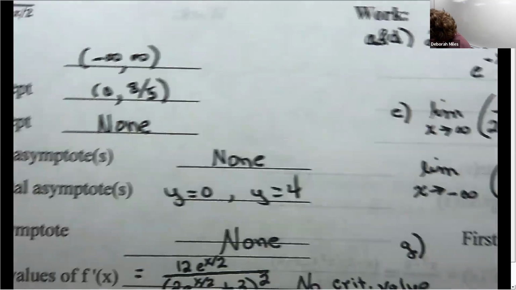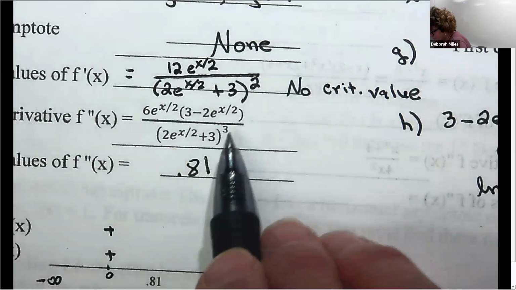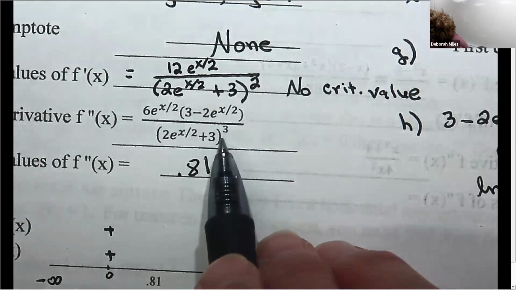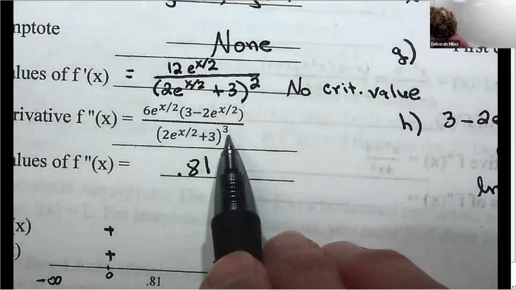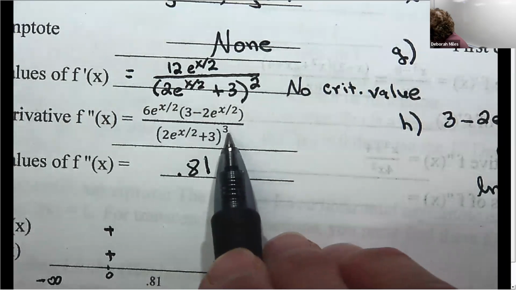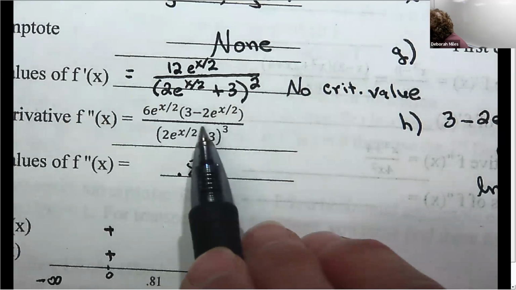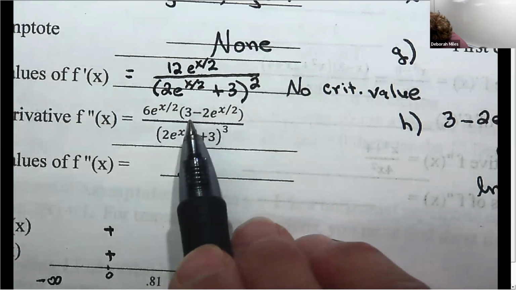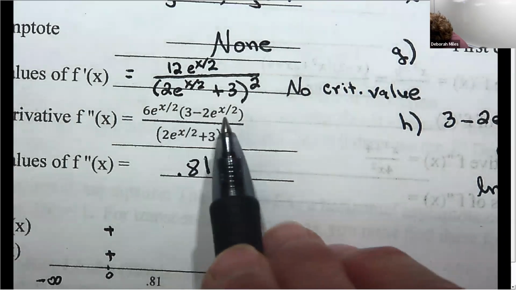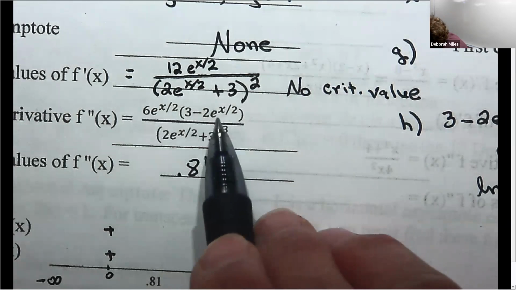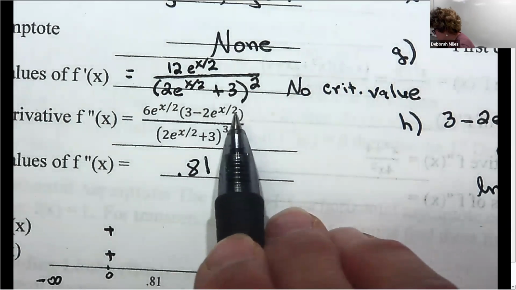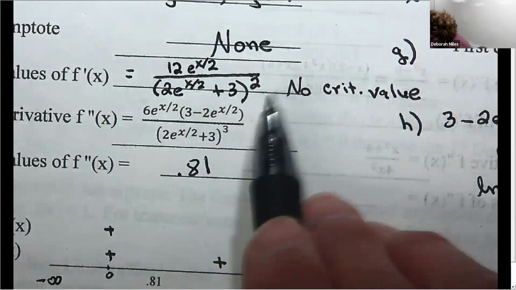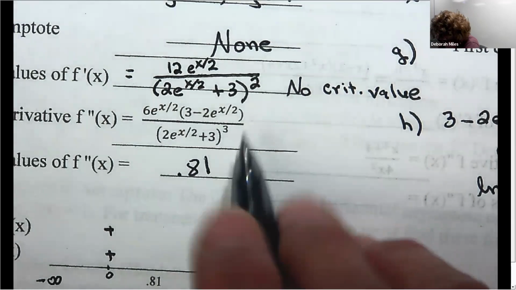If I put a 1 into the second derivative, am I going to get a positive or a negative? You might have to punch on the calculator 3 minus 2 times e to the 1/2. But I believe it'll be negative.